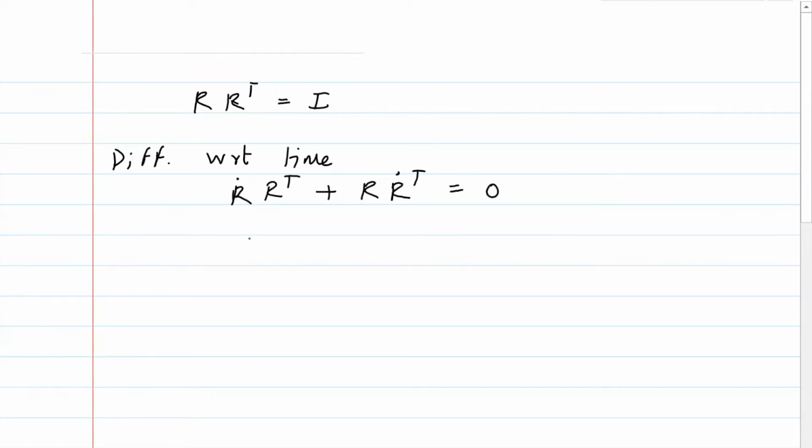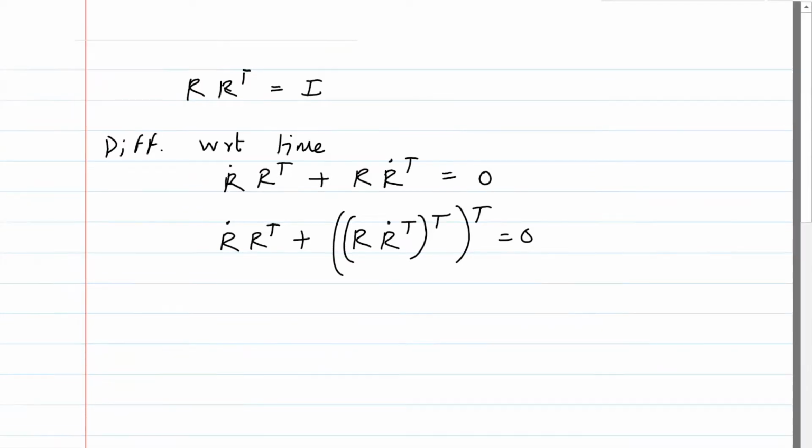Now I'm going to keep the first term as it is, and for the second term, I'm going to take the transpose and transpose. When I take two transposes, we know that it is the same as the original matrix, so it doesn't change, it remains the same.